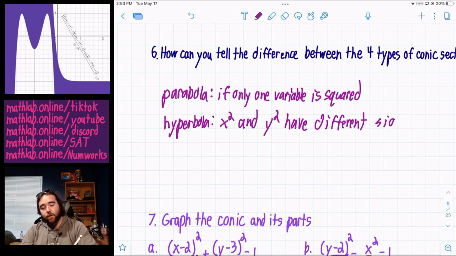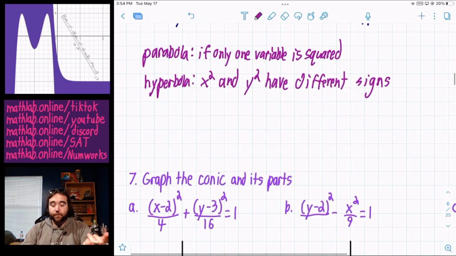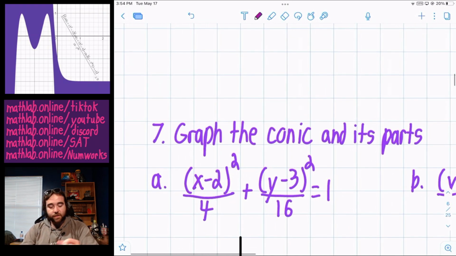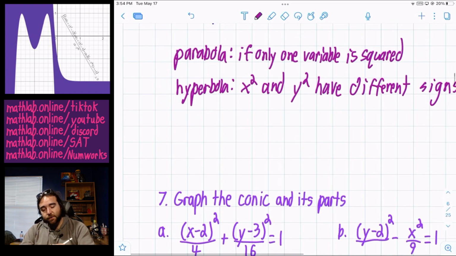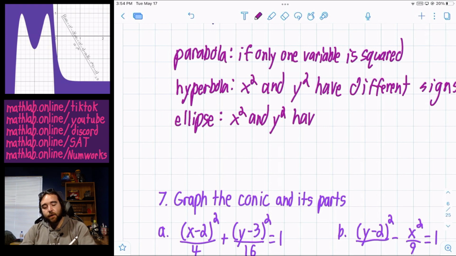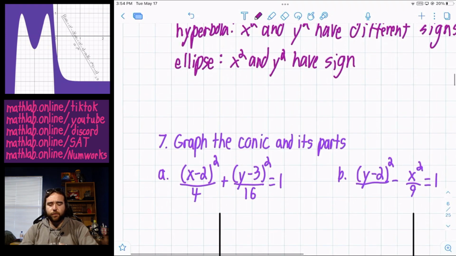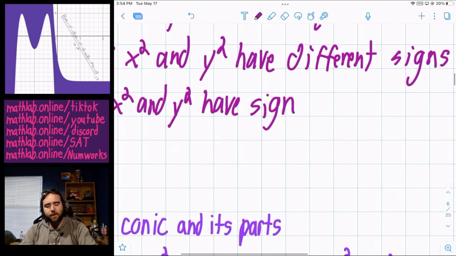So you see down there on B how it's y squared minus x squared. That's different signs. Here, they're the same signs, positive x squared, positive y squared. When that's the case, you know it's an ellipse, when x squared and y squared have the same sign. They don't necessarily both have to be positive, because when you move things around, they might end up being positive.